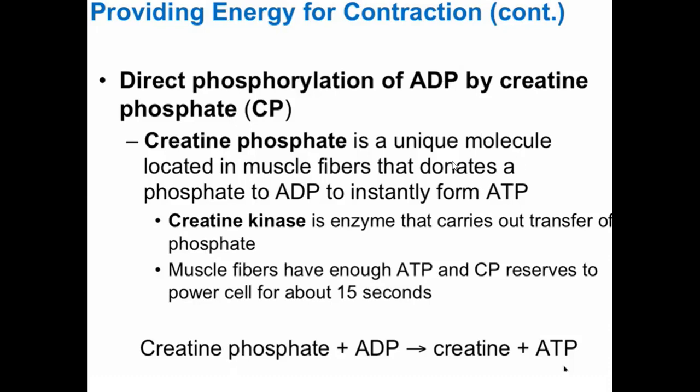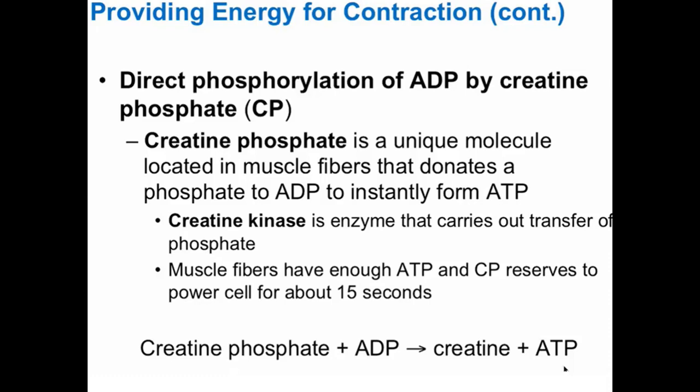Now, when you need to contract the muscle, you find that the ATP in the cytosol will be all used up, forcing the creatinine phosphate to phosphorylate ADP and replenish the ATP so that you still have enough to continue the contractile process. So remember, the first one we said can only last about 5 seconds.